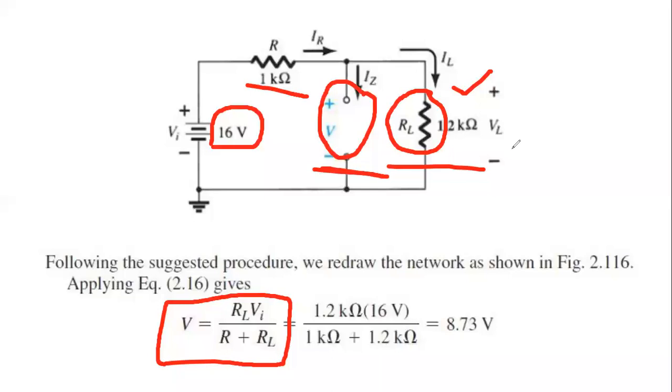If you want to find the voltage across RL, then you have to take RL divided by the total resistance R plus RL, that is the voltage divider rule.